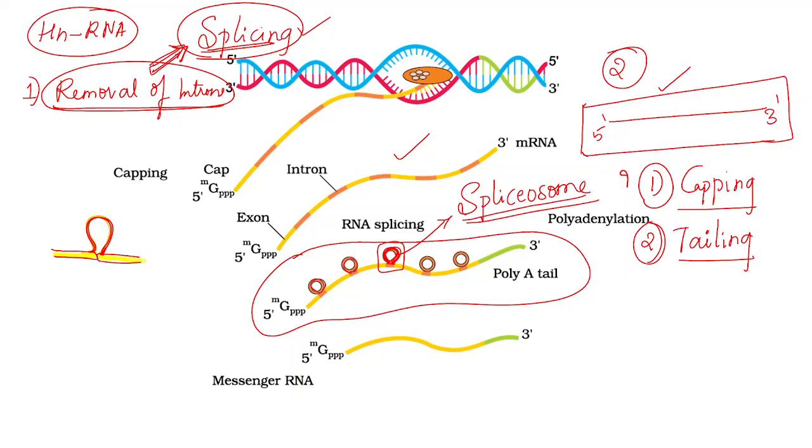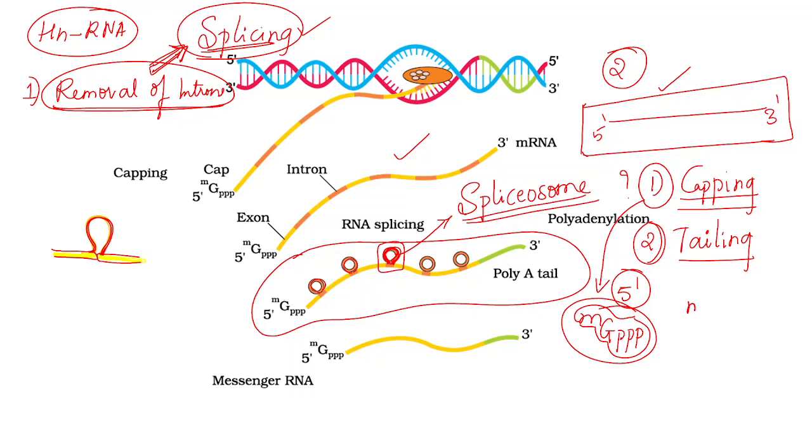What do you mean by capping? Very simple. In case of capping, methyl guanosine triphosphate is added to the 5' end of the mRNA. The process in which methyl guanosine triphosphate is added to the 5' end of the mRNA is called capping.